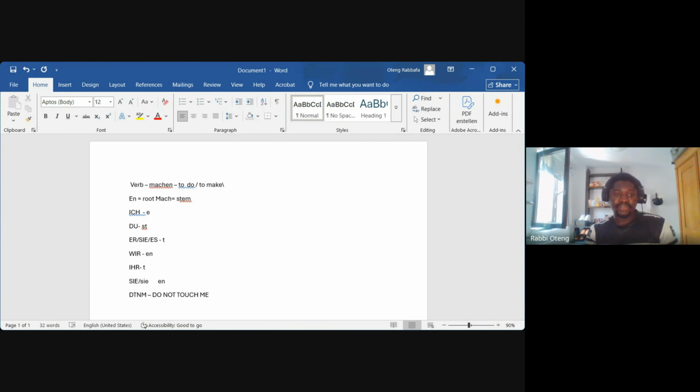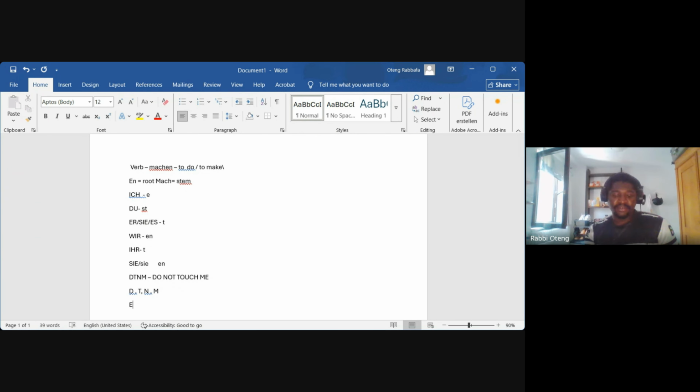So when you take away the root of the verb and the stem ends with either d, t, n, or m, then we need to add an e to the ending, after d, t, and m.